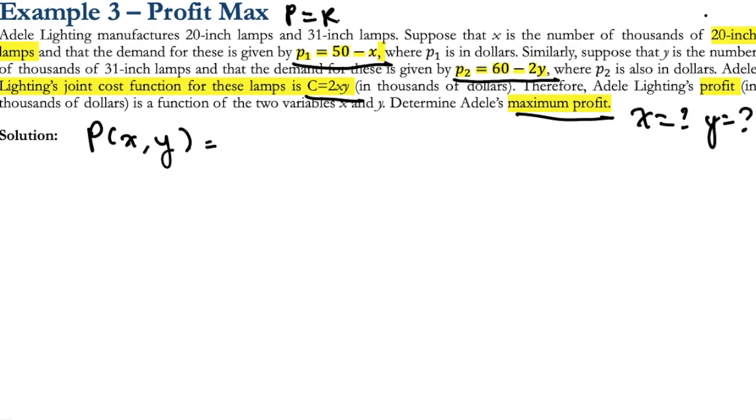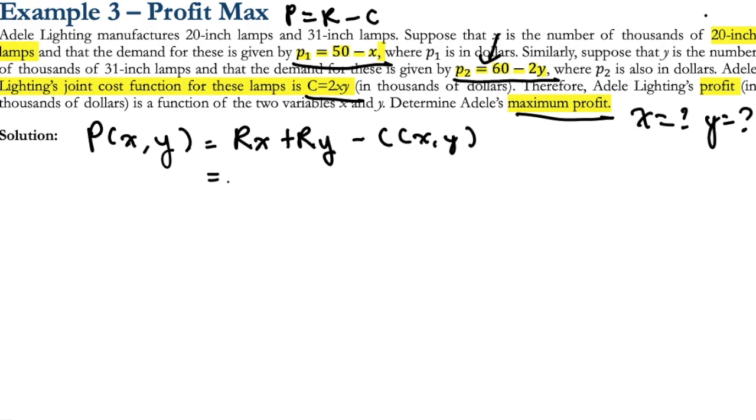Profit is actually revenue minus cost, isn't it? In this case, we have two different revenues coming from selling 20-inch lamps and also from selling 31-inch lamps. So we're going to have revenue for 20-inch lamp plus revenue for 31-inch lamp minus the cost of both of them. Alright.